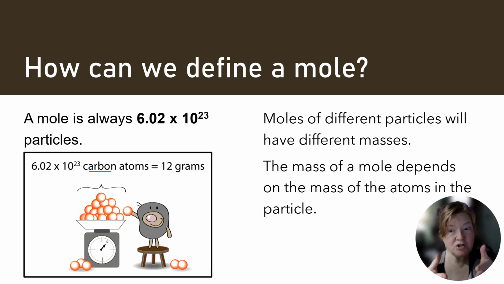So a mole of hydrogen had a mass of 2 grams when it was a mole, but a mole of octane had a completely different mass for the mole. So the mass of a mole depends on the mass of the atoms in the particle. A mole of hydrogen only has 2 hydrogens bonded together, but a mole of octane has 8 carbons with all kinds of hydrogens bonded.